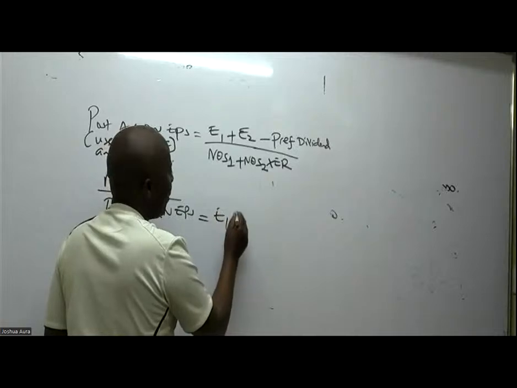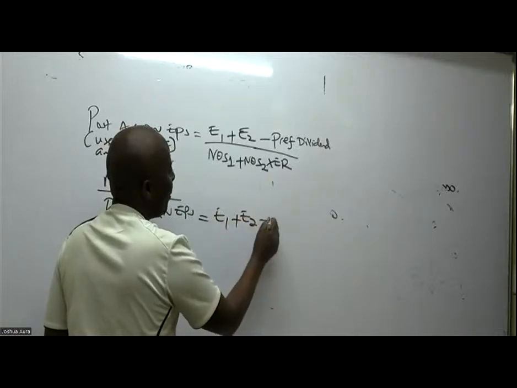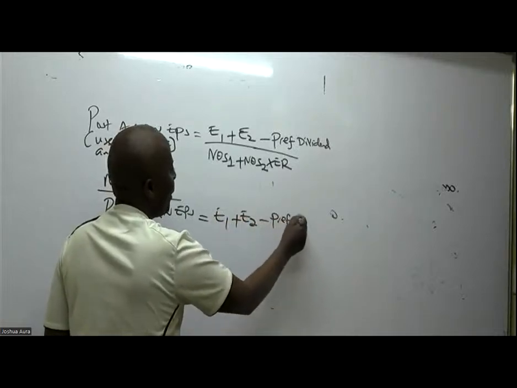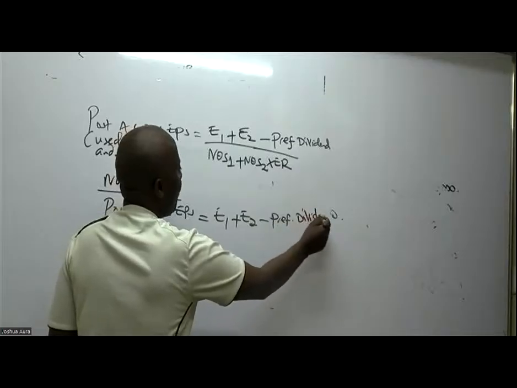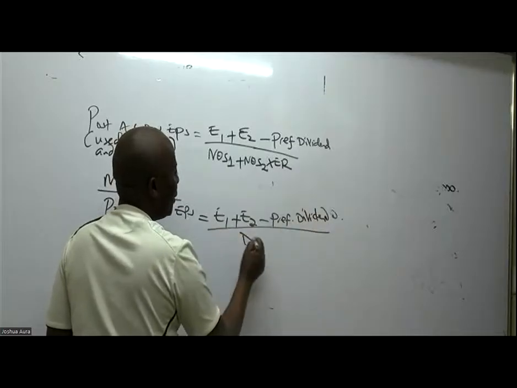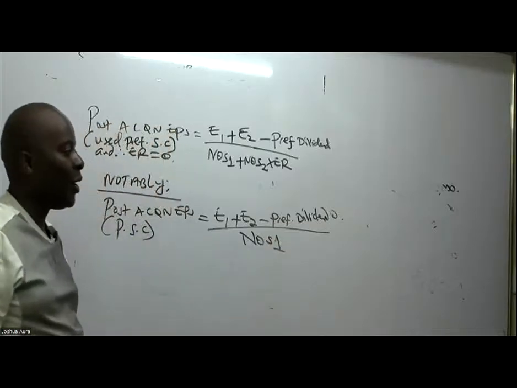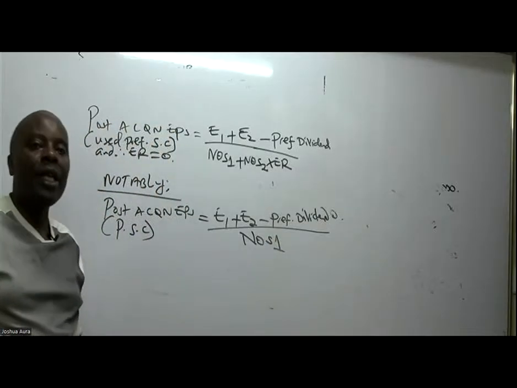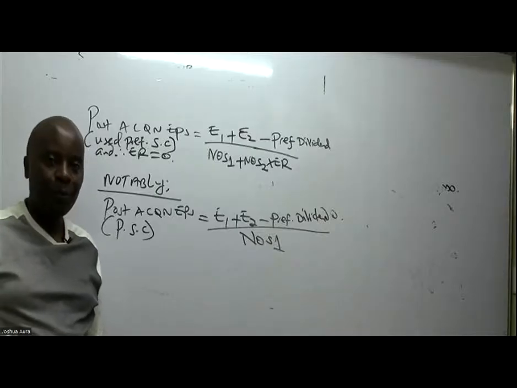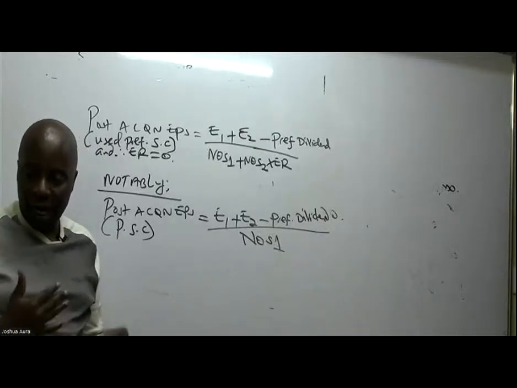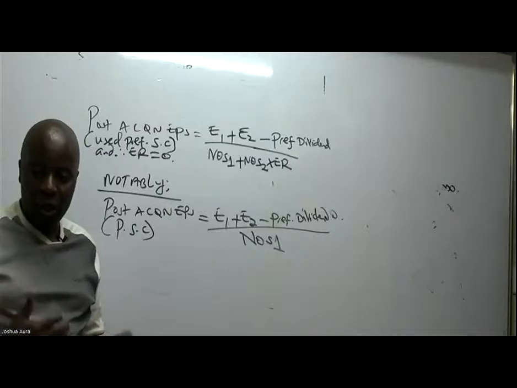It will be earnings of company 1 plus earnings of company 2 minus preference dividend all over number of ordinary shares of the first company. Remember, the first company is the predator company, the one that is swallowing the other.